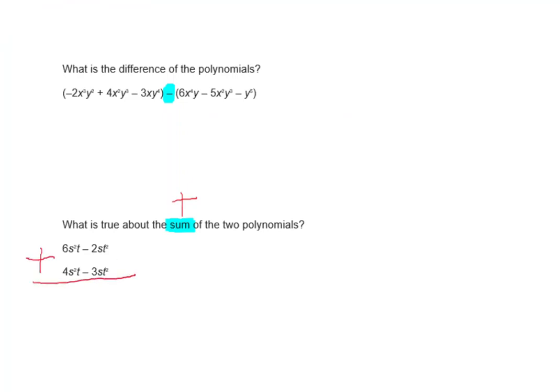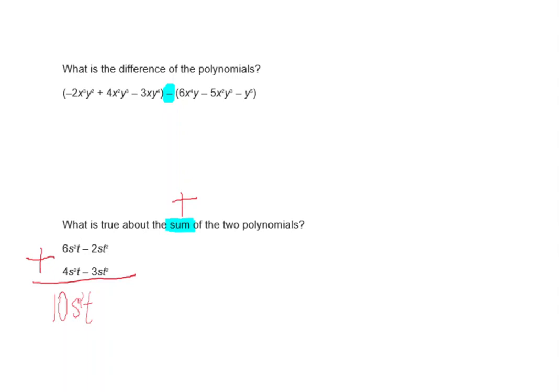Sum means add. If two terms have the exact same variables and exponents, like s squared t, then you can add the numbers in front of that. So 6 plus 4 is 10, and then the variables and exponents stay the same.